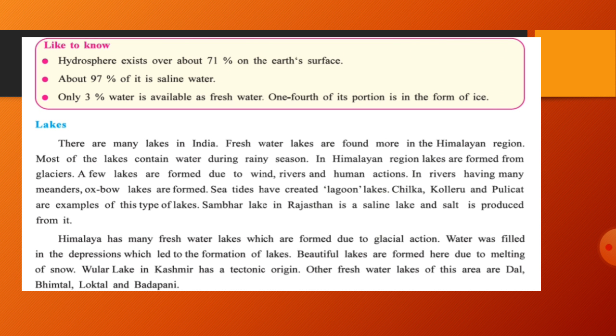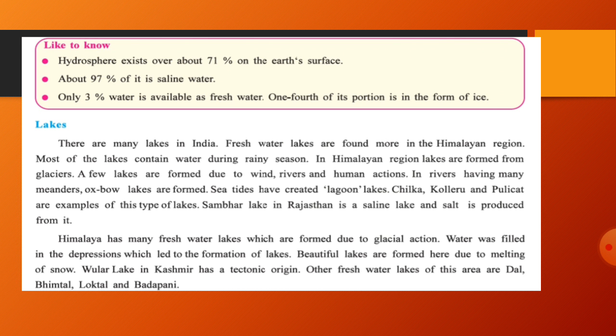Now, moving ahead, we'll see the lakes. There are many lakes in India. Freshwater lakes are found in the Himalayan regions, and most of these lakes contain water during the rainy season, from water collected from the Himalayas and snow melting from the Himalayas. The Himalayan ranges are full of glaciers, and very few lakes are formed due to wind, river and human actions.